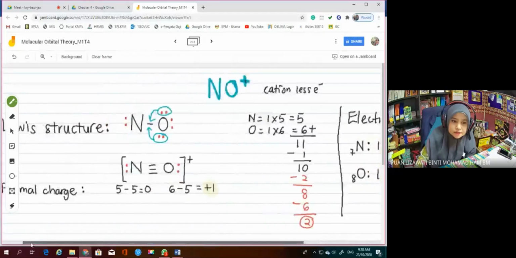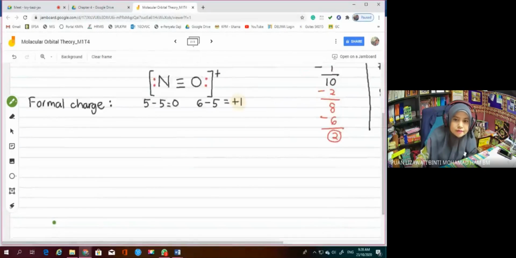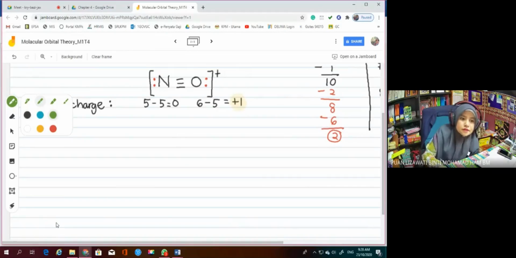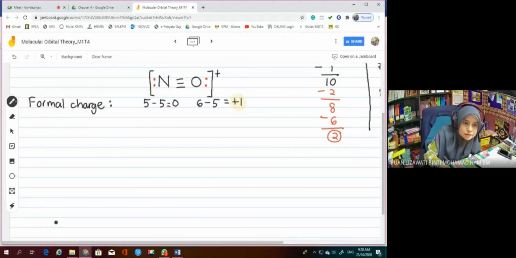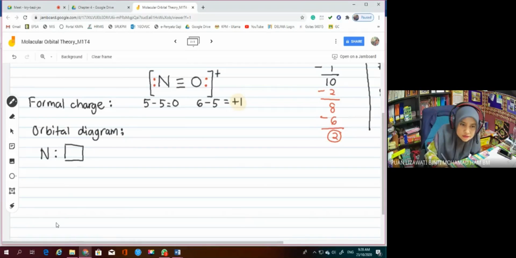Okay, next. After that, you have to draw the orbital diagram. Okay, orbital diagram. So remember for the orbital diagram, so only write for the valence electron. Nitrogen. Okay, we have 2. And then the other 3 is located in P. Single unpaired electron.